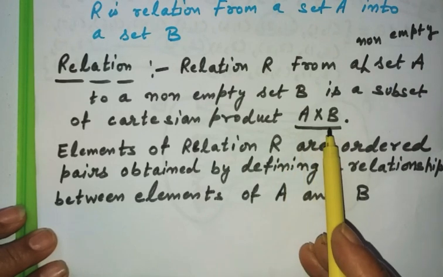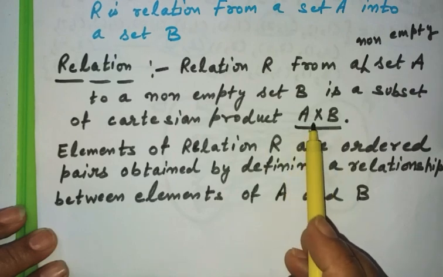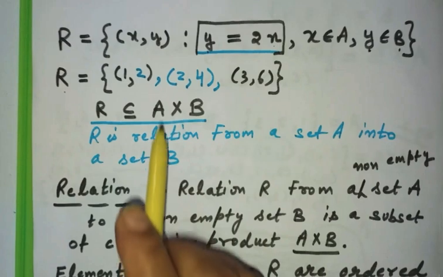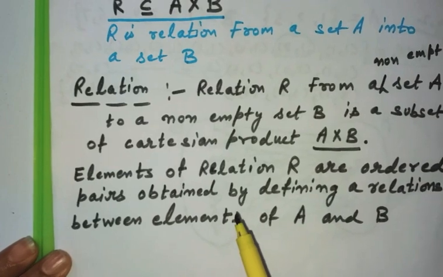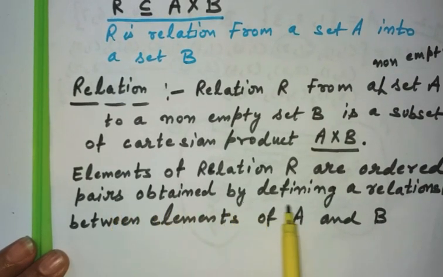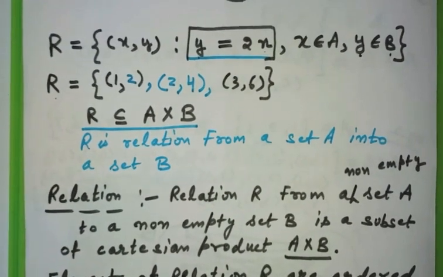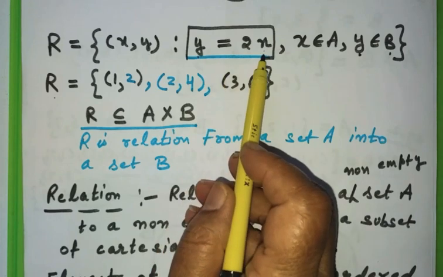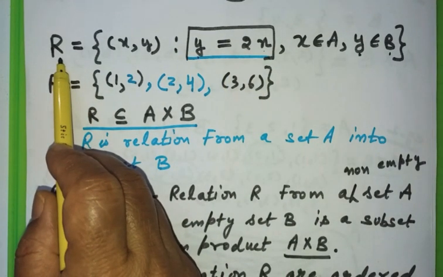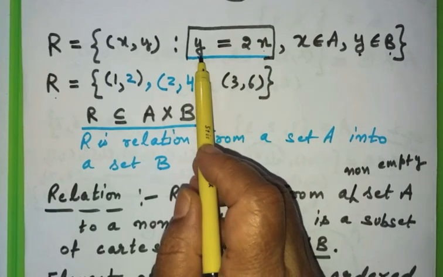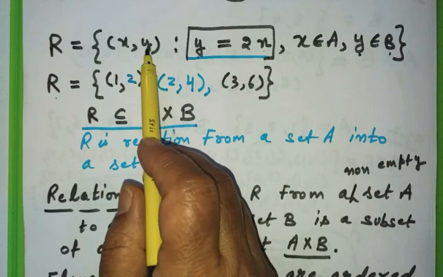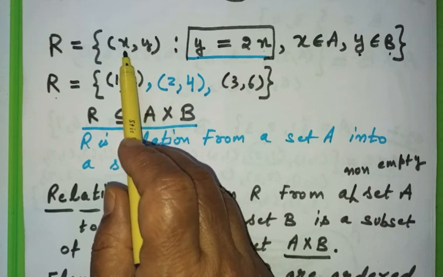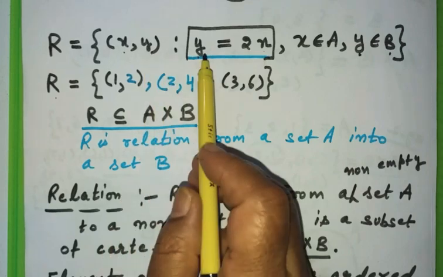So, we have already understood that relation R is a subset of A cross B. See, we saw it here and I showed it with the help of an example. And we have written here that elements of this relation are obtained by defining a relationship between the elements of A and B. So, you can see that we have defined here a relationship for writing the elements of set R. This relationship is between the elements of set A and the elements of set B. These are the elements of set A, these are the elements of set B. This is the relationship.